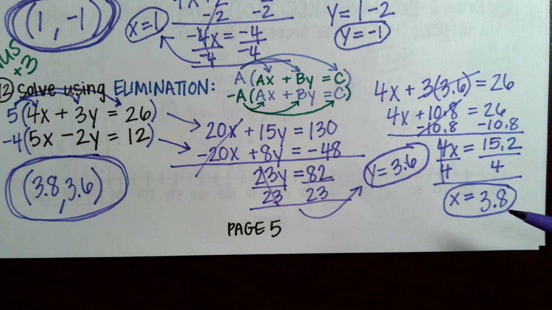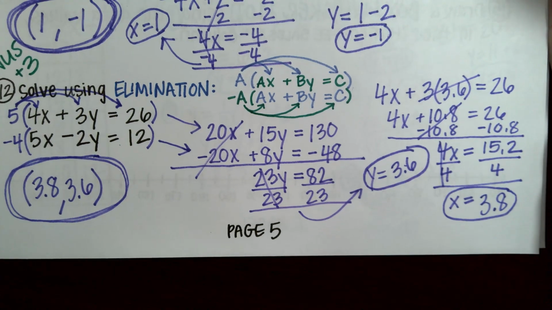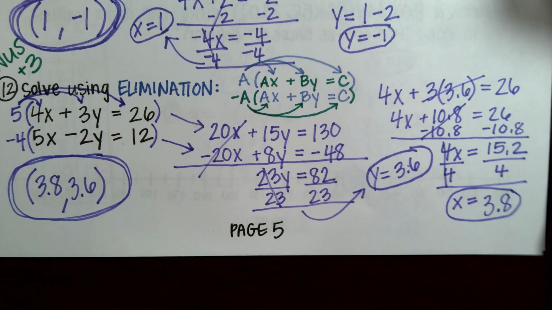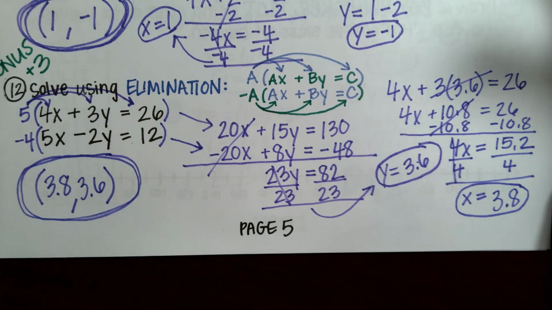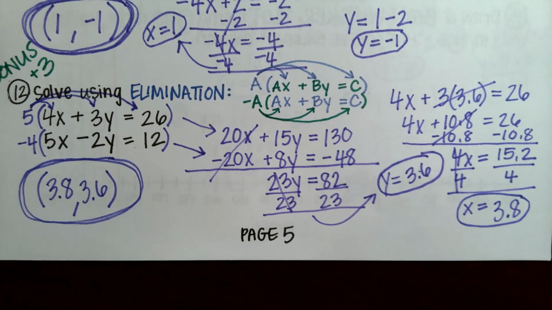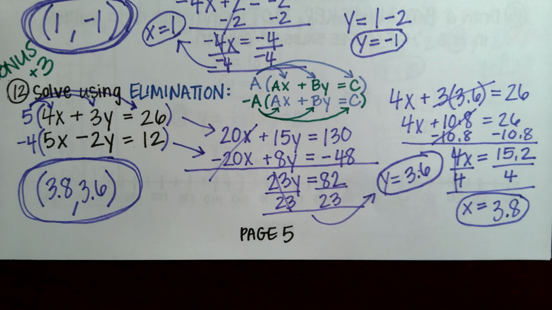Everybody get 3.8? Yeah, 3.95. Okay, walk me through the steps you did. I know what I did wrong. You tell me once you get to that answer, and we'll move forward. Make sure everybody gets there first. I don't want to move on just yet. Yeah, I got it. Good.